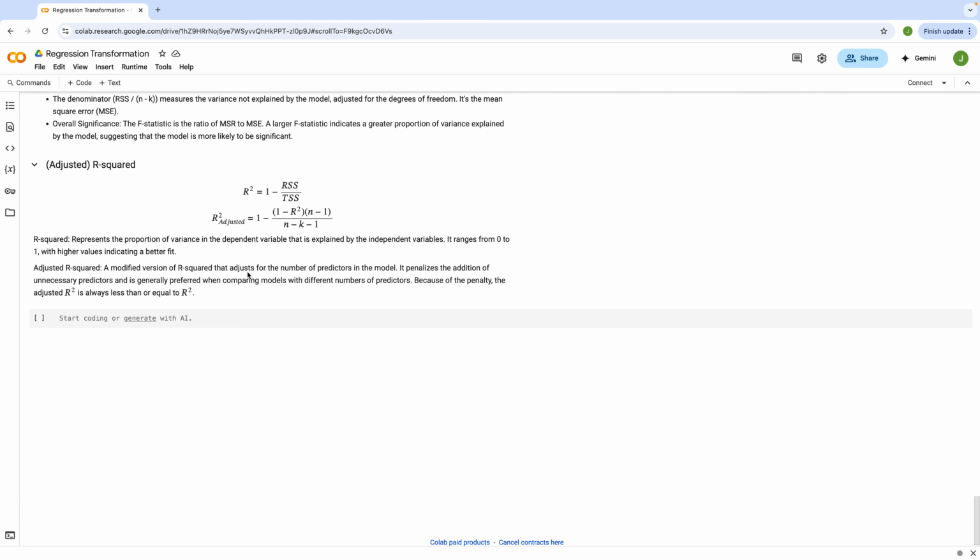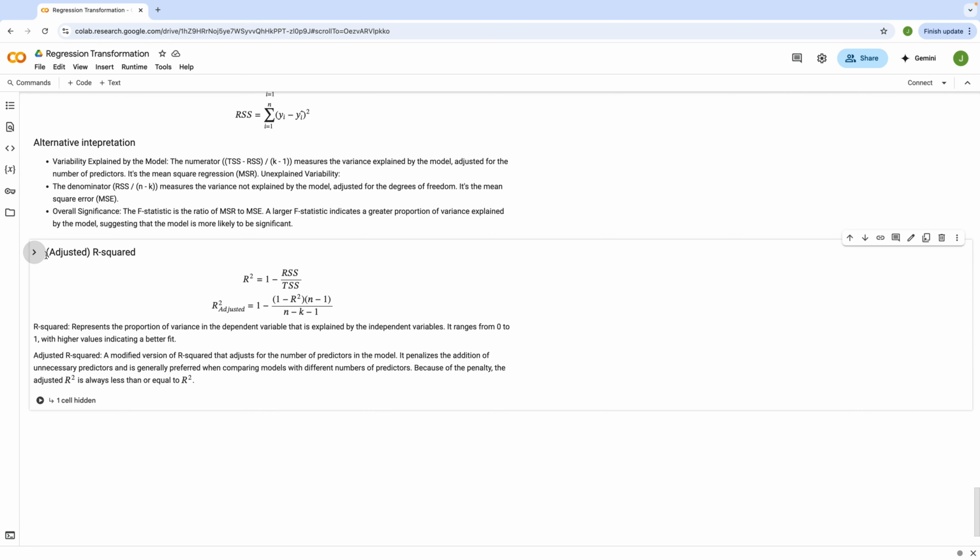Now there's something called adjusted R squared. R squared is calculated like this, and the adjusted is calculated like this. They both have the same meaning here. And how you would interpret it is that either one, whether it's adjusted or non-adjusted, represents the proportion of variance that the model explains in the data.